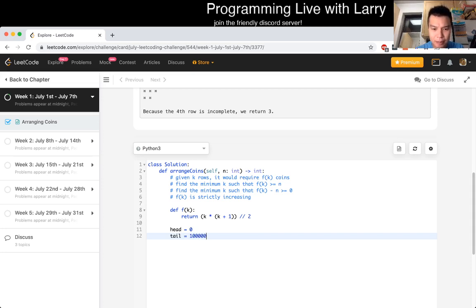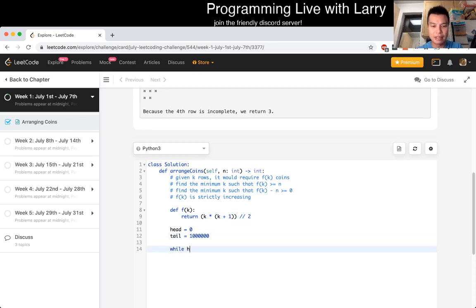The only thing to watch for here is that you may get overflows, because we're going to put these numbers into f sub k. In Python it won't come up, but in other languages you might overflow, so you have to be careful in how you choose this, because you're calculating n squared, essentially, or k squared in this case.